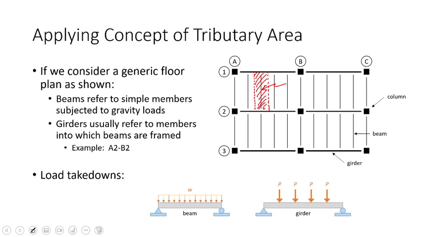That's the tributary area. That's what that beam is responsible for. So what we'll do is take the pressure load applied on that beam, multiply it by the tributary width, and turn that into this.